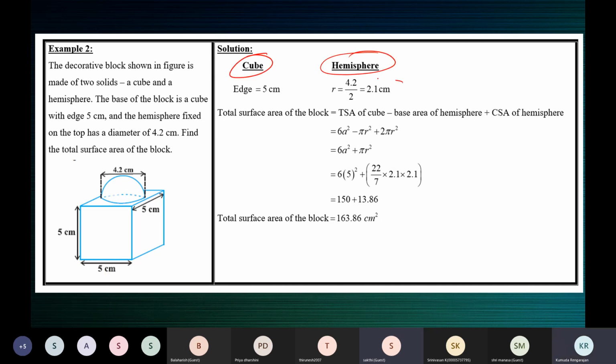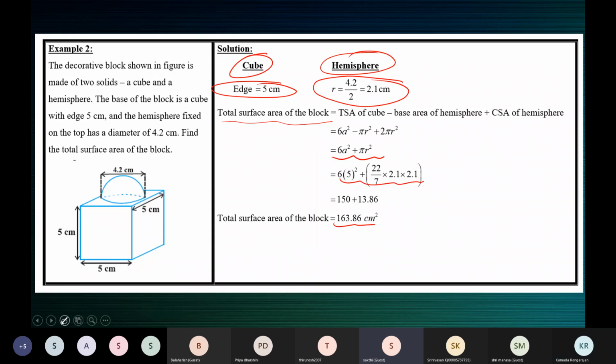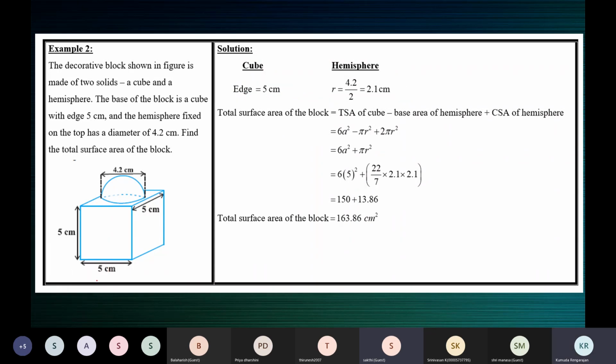For hemisphere, you need radius, write that. For cube, you only need the edge of the cube. Then TSA of the block: you get 6a square plus pi r square, substitute the values. And this is the TSA of the block. Is it over, children? Finished writing? Yes.